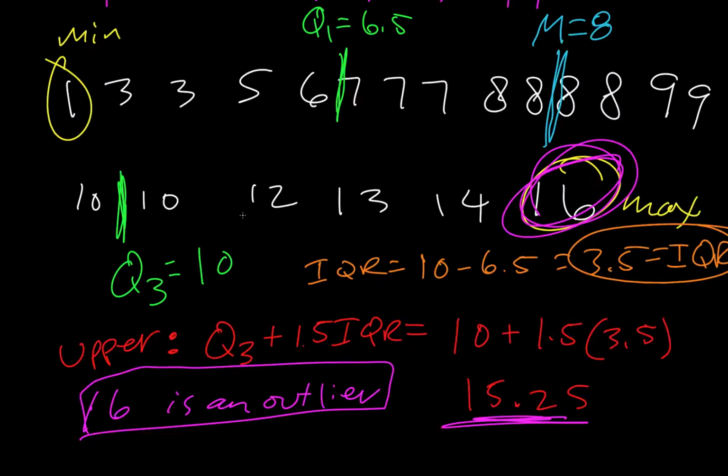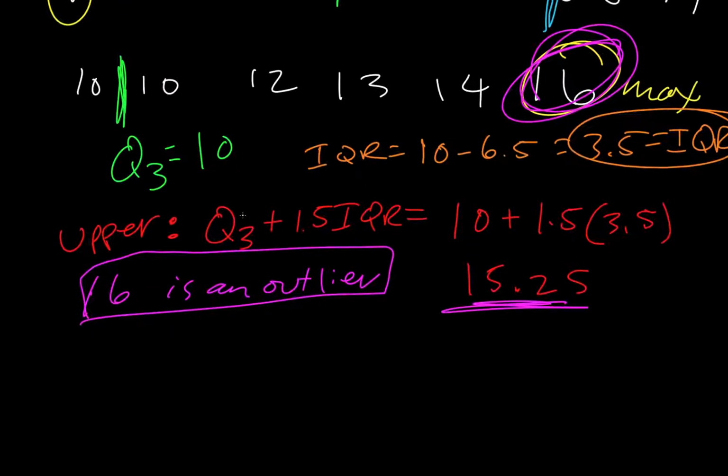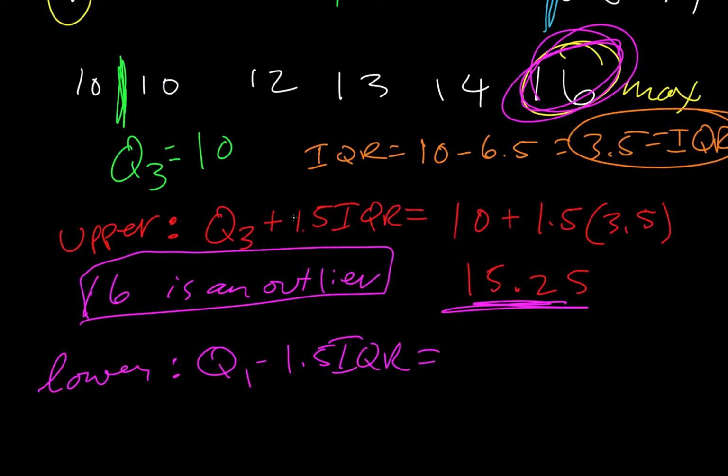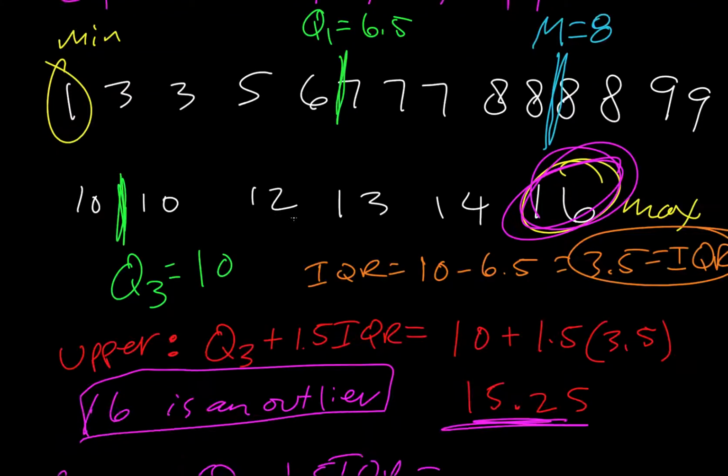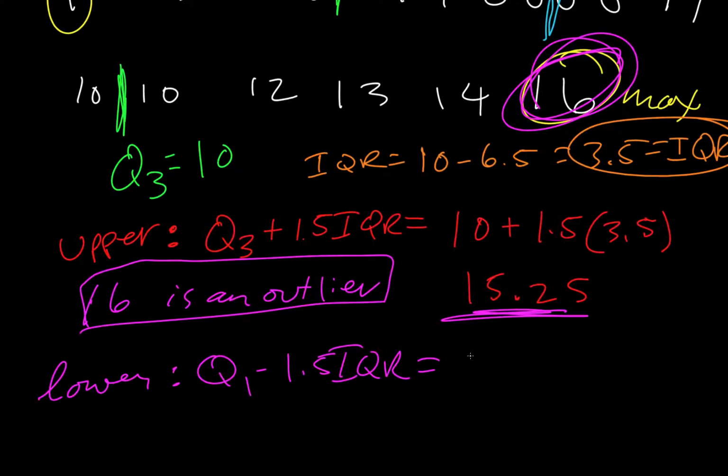Now we can test the lower bound. So lower is going to be Q1 minus 1.5 times IQR. So Q1, if we look up here, was 6.5 minus 1.5 times 3.5, which was the IQR.